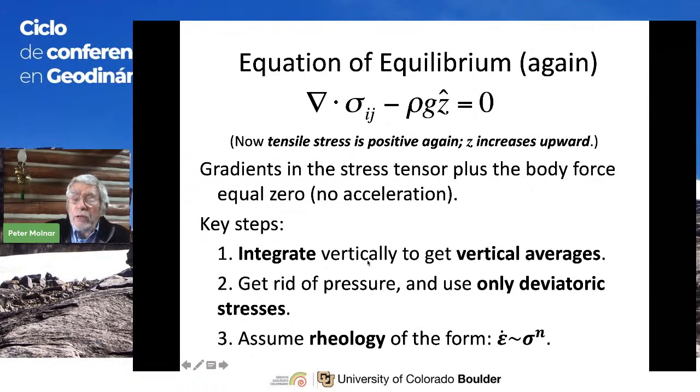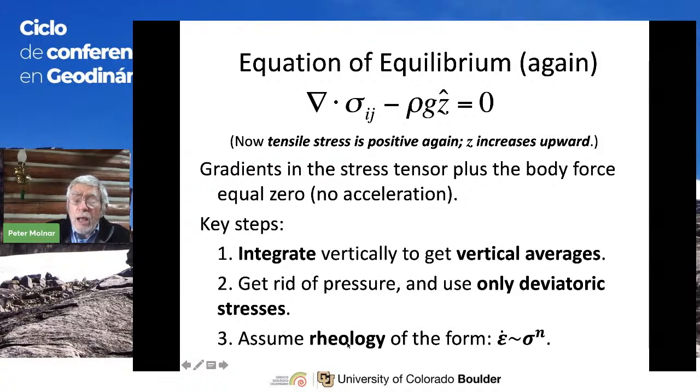You integrate vertically to get vertical averages. So one averages this equation throughout the lithosphere. Get rid of pressure, because only the deviatoric stresses are the important part of the stress. They're the only parts that contribute to the deformation. Because we assume incompressibility, pressure doesn't contribute to deformation.